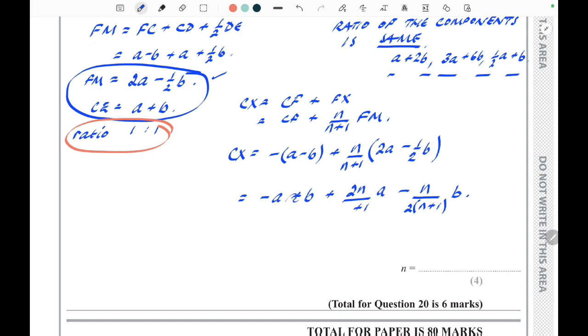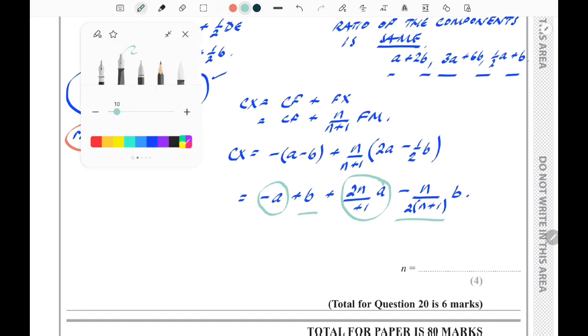Right, so we're going to equate the coefficients. Remember the ratio, as I already said, is 1 to 1. So we can take the coefficients of the A's there and all of that, all right, and equate it to the coefficients of the B's because the ratio has to be 1 to 1, as I said.